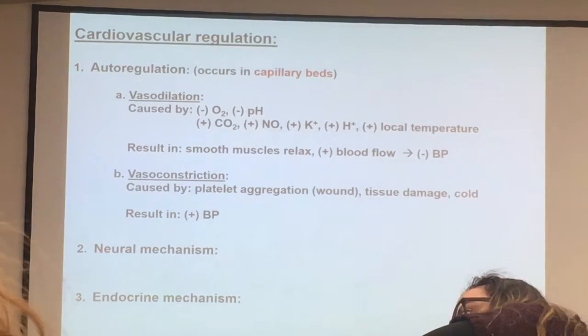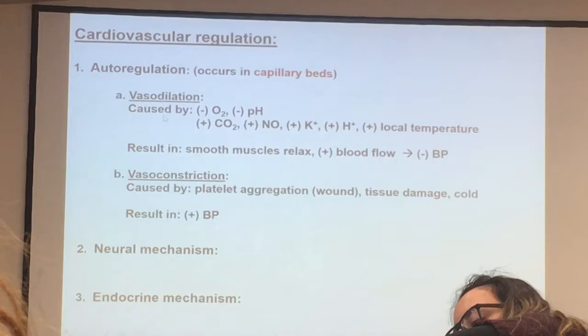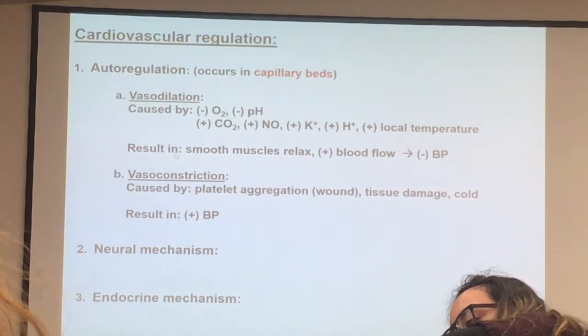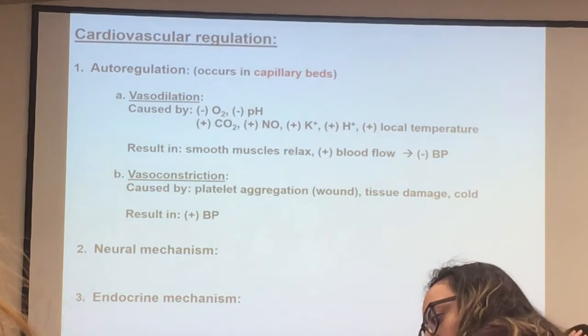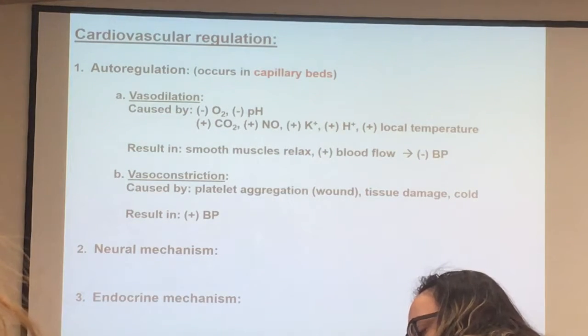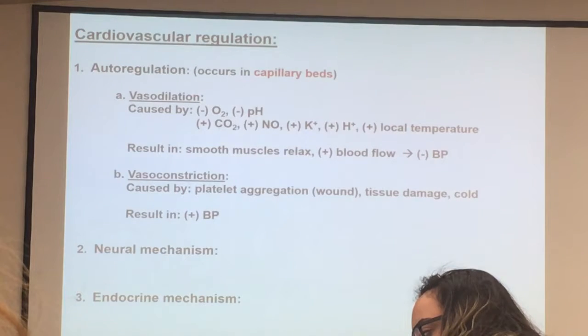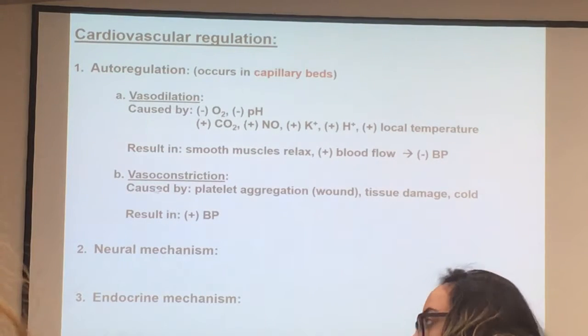Or because of increased local temperature, like infection or fever. Okay. And so when this CO2 increases, the local response will be what? Smooth muscle relaxes, increases the blood flow, allows more blood to come in, and the pressure will decrease. How about vessel constriction?